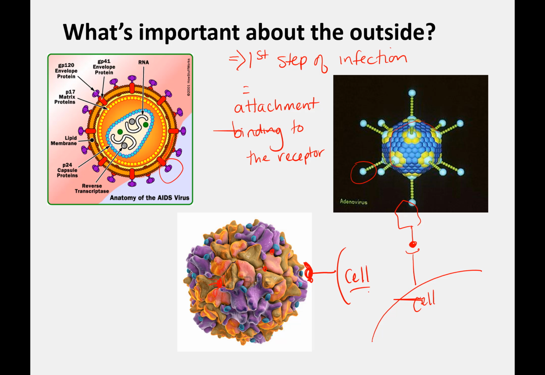So the outside of the virus is very important, and for instance, on an envelope virus, because this is a phospholipid bilayer, if this phospholipid bilayer disappears because it gets dried out, then you lose the spikes and you lose the ability for the virus to infect.